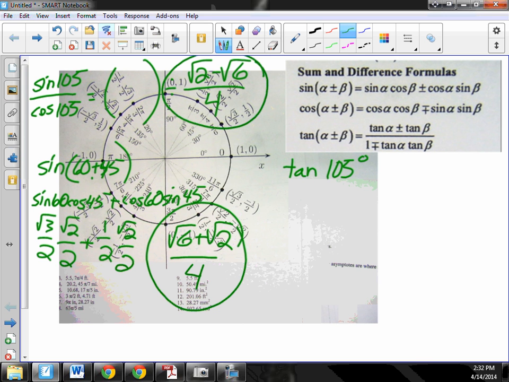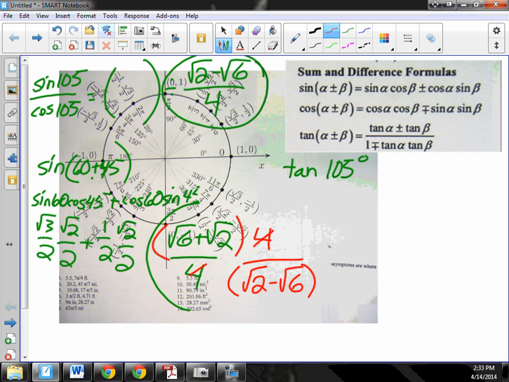How do you divide two fractions? You flip and times. Am I going to flip the sine or flip the cosine? Flip the cosine. So I'll take this sine value, multiply it by 4 over, well, it doesn't really matter.